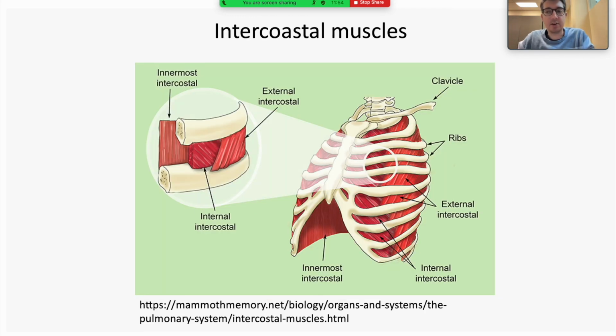What enables our lungs to move, for exhaling or inhaling air, are intercostal muscles. You don't have to know all of these, just know intercostal muscles and ribs, which you should be familiar with already.